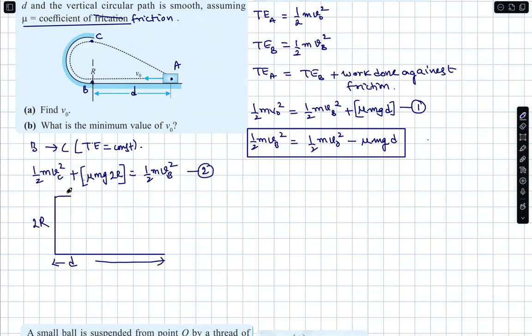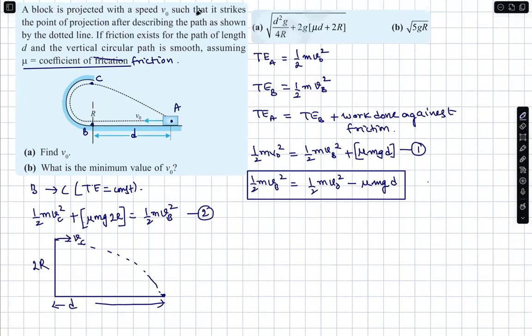So you must have some velocity v C such that it should come back and fall onto this point again. That's the question given: it strikes the point of projection after describing the path shown by the dotted line.